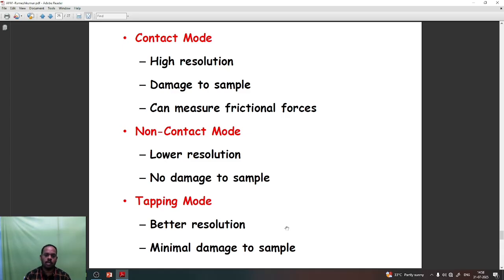So overall we can conclude like this. In contact mode we can get high resolution, but there will be a possibility to damage the sample or the cantilever. Non-contact mode gives low resolution images but no damage. Better resolution with minimal damage will be obtained in the oscillating cantilever or tapping mode AFM.